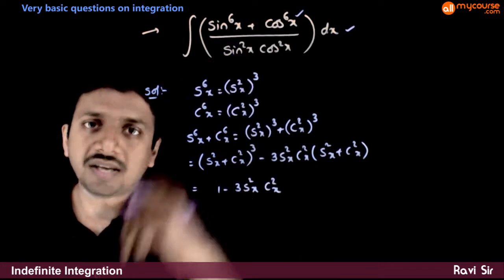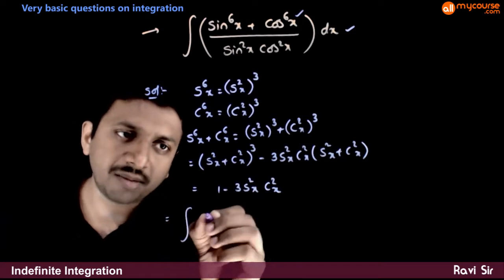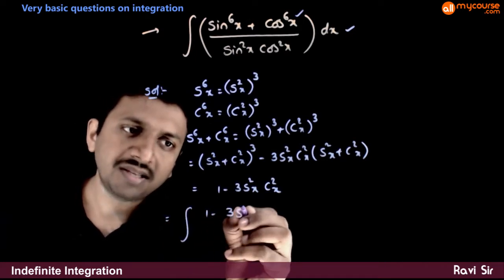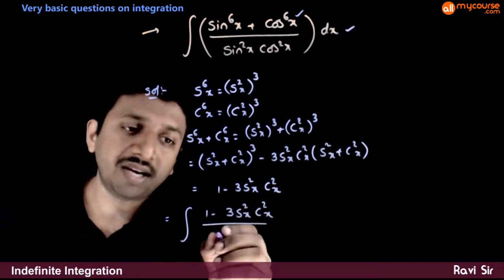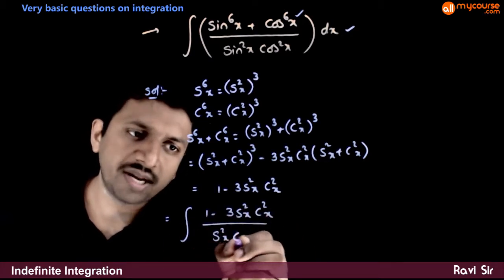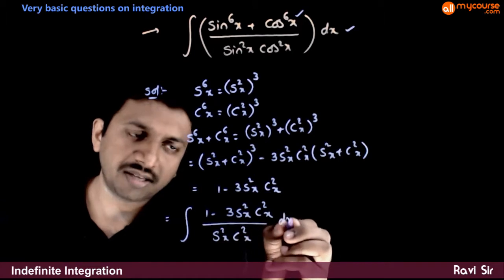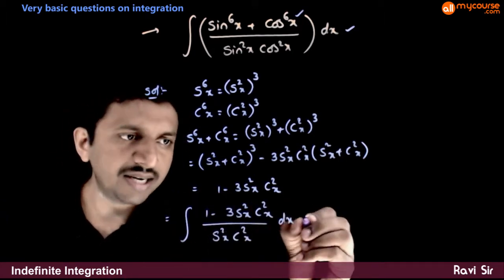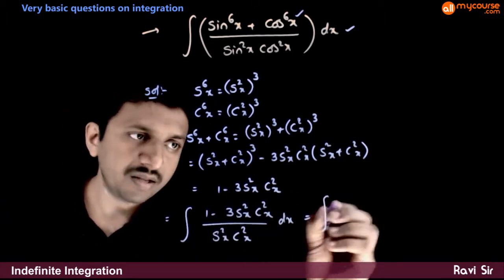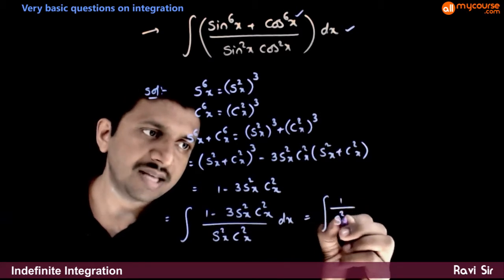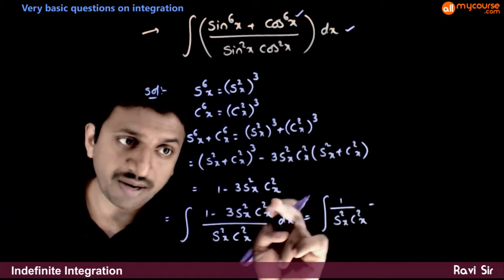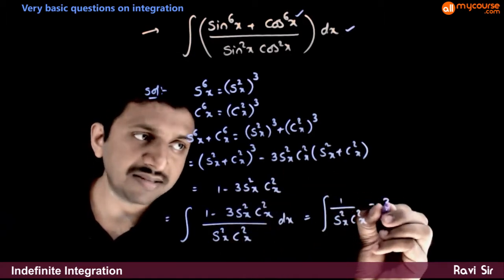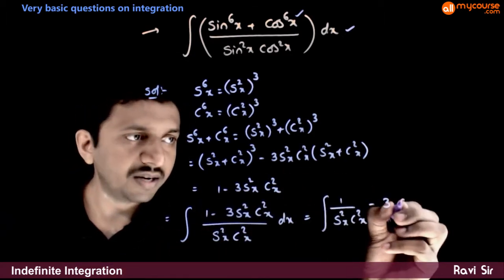So if I substitute this here, this integration becomes 1 minus 3 sine square x cos square x divided by sine square x cos square x dx. So that is equal to the integration of 1 by sine square x cos square x minus, if I separate this, sine square x cos square x gets cancelled, 3 dx.